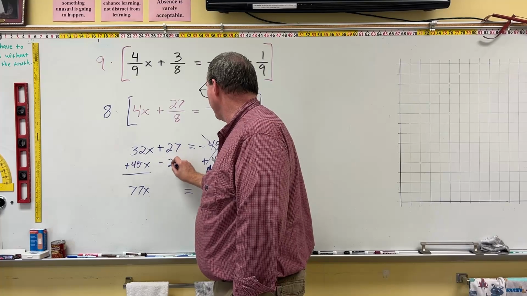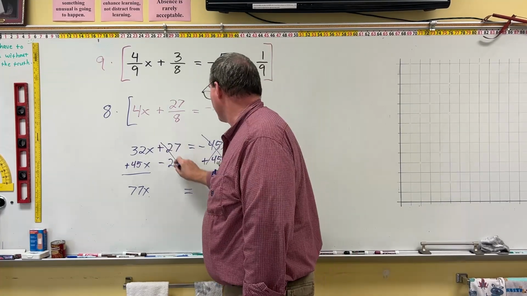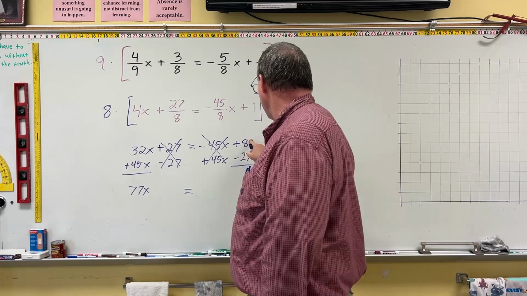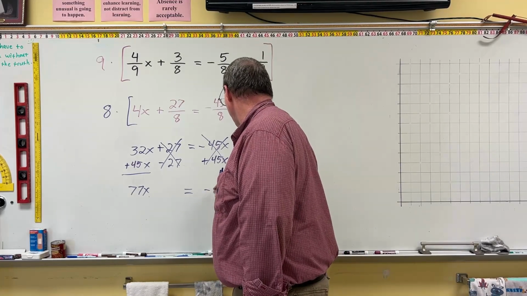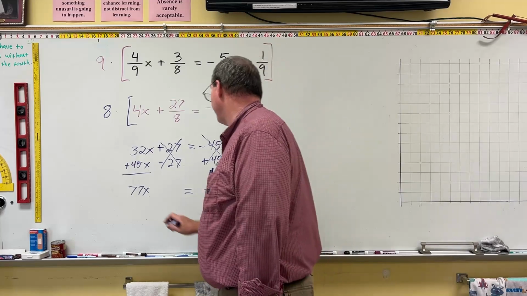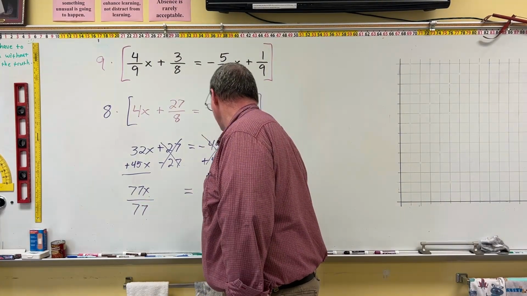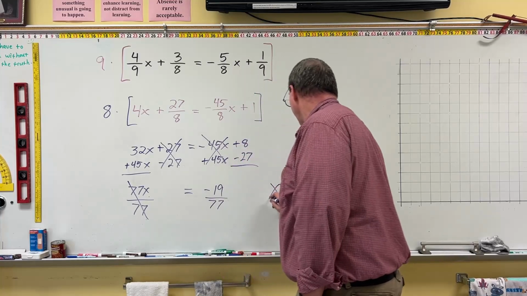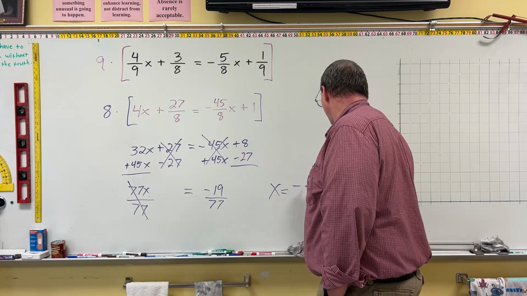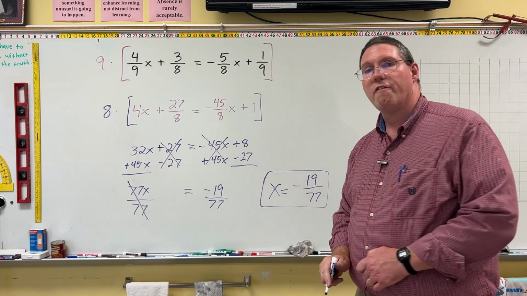Then we're going to subtract 27, cancel the 27 here. 8 minus 27 is -19. So we have 77x is equal to -19, divided by 77 on both sides, cancel, and we have x is equal to negative 19 over 77, and that is our final answer.